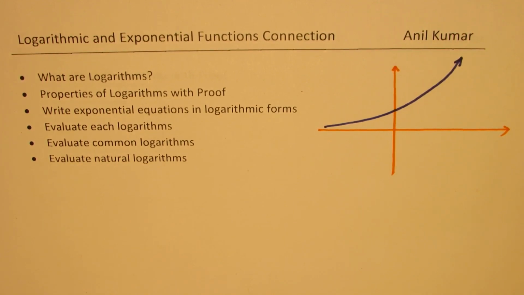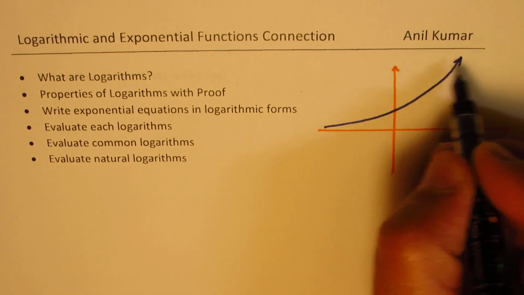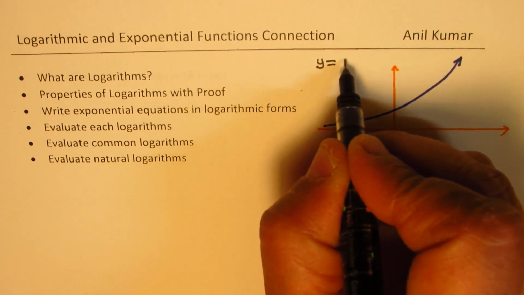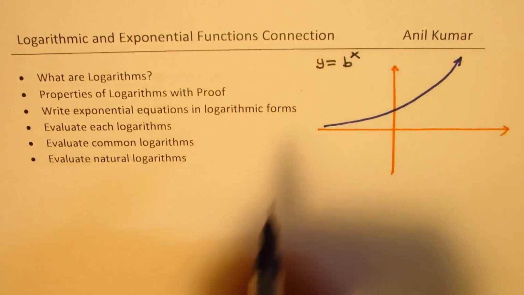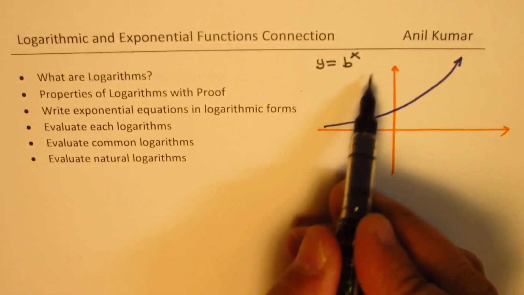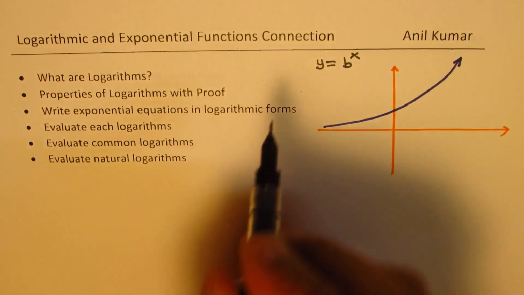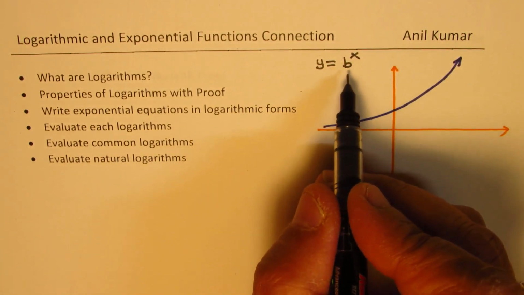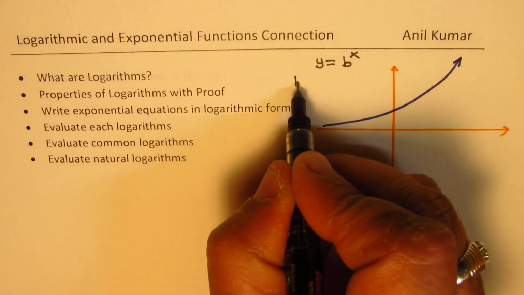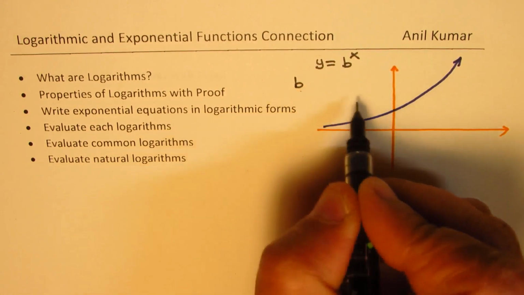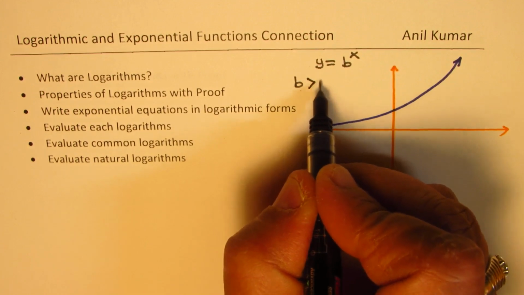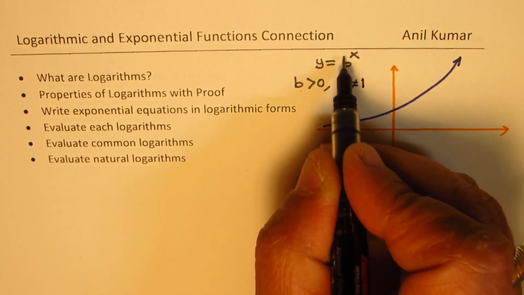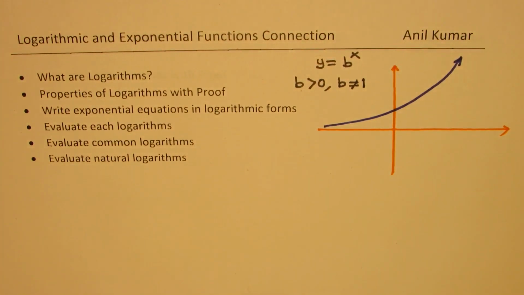And generally, if I write this graph as y equals b to the power of x, we know the domain is all real numbers, but there are some restrictions on b: b is greater than 0 and b is not equal to 1, right? So these are two restrictions on b.